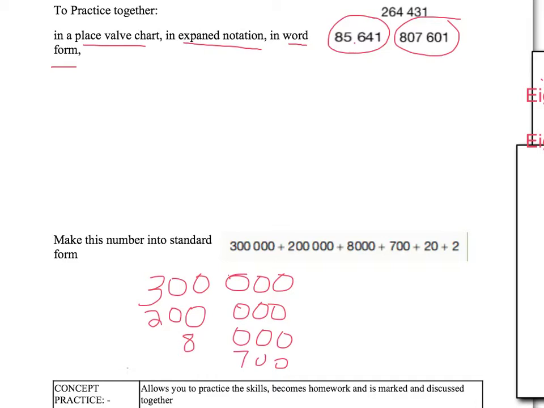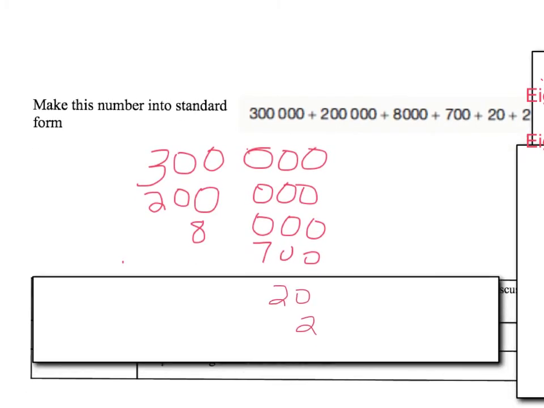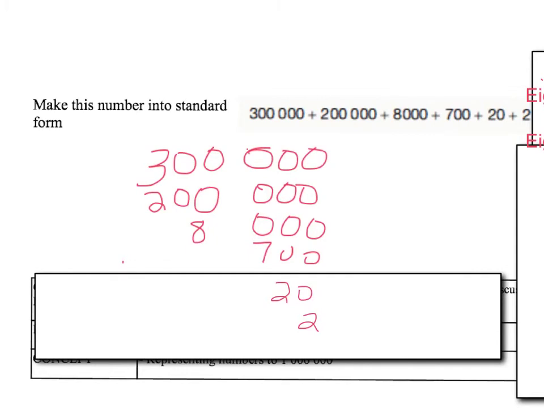Oh, I'm running out of room. All right, continuing. 20 and 2. So now when I add all of these up, I can see what my new number is going to be. And of course, I do need to have that adding sign.